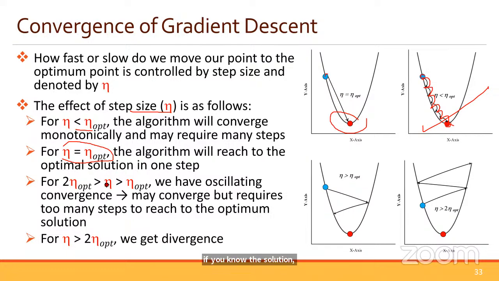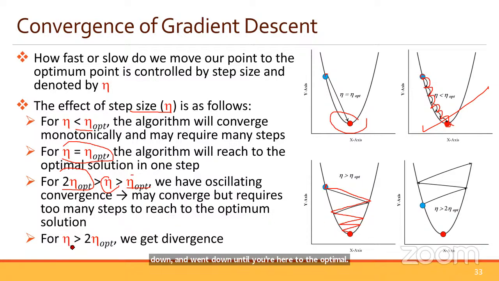The third scenario is if your step size is higher than the optimum, between the optimum and double the optimum values. That means your first jump will take you to the next step, and then if you are lucky, you'll go up and down, up and down, up and down until you reach the optimum.